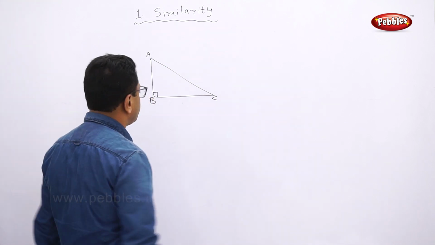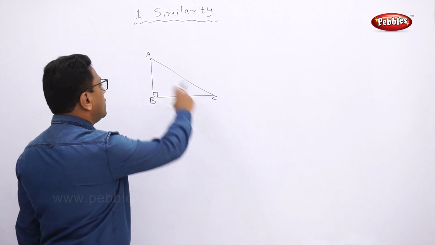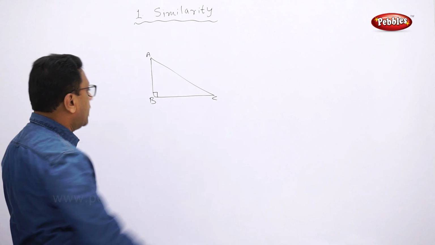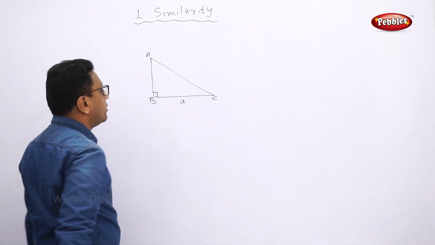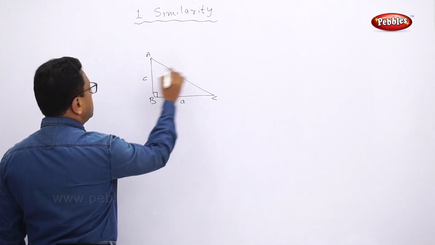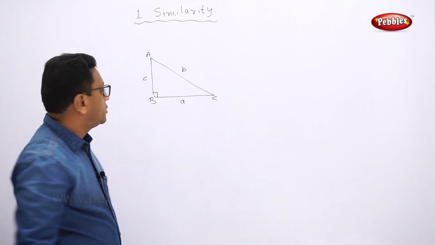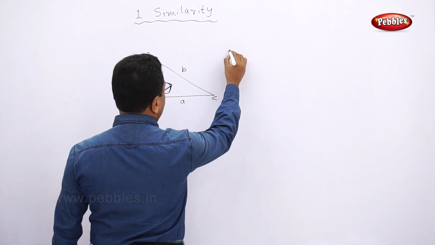For example, and it is just a convention, the side which is exactly opposite to your A is called as the small a, this is called as the C, and this is called as the B. Generally I call it. Okay, so Pythagoras theorem is very simple.